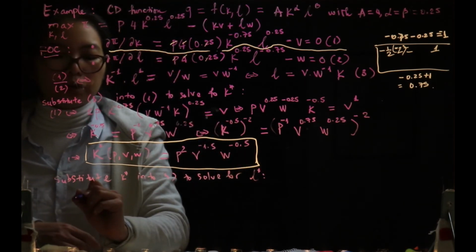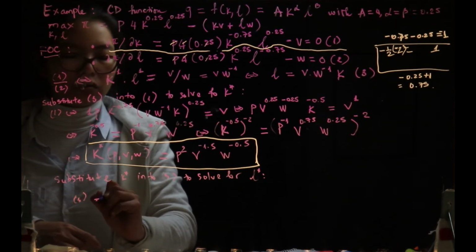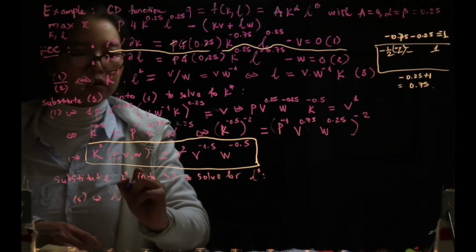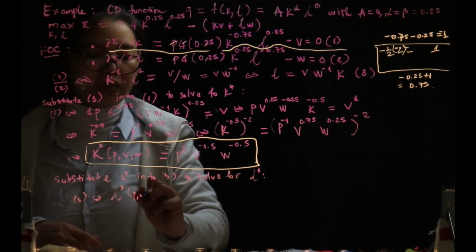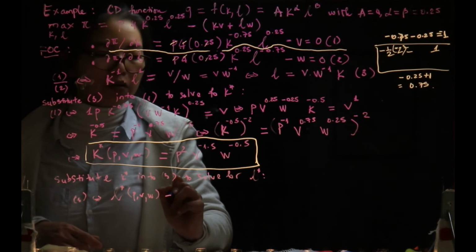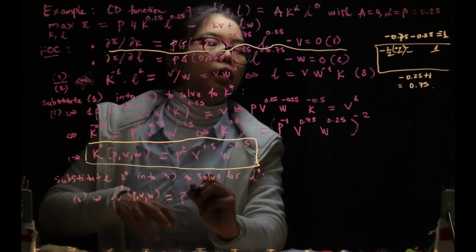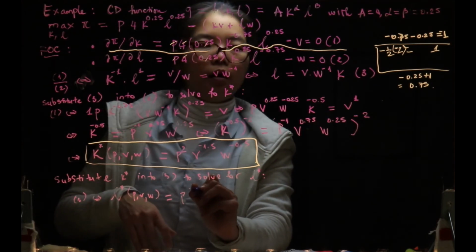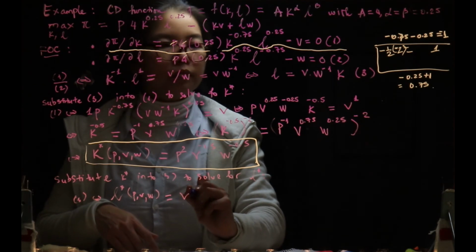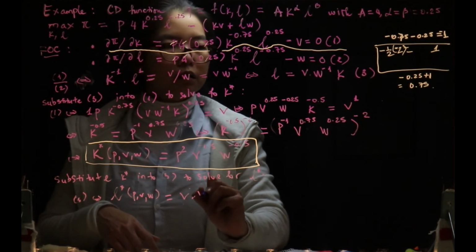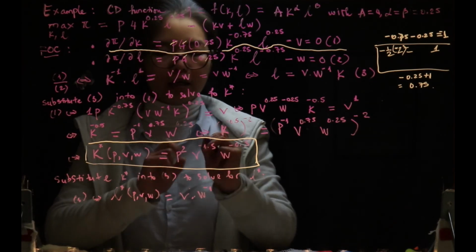So we could write a 3 equivalent to L. Right now we could already write L star as a function of P, V, W equals V times W minus 1 times K, and K is here.